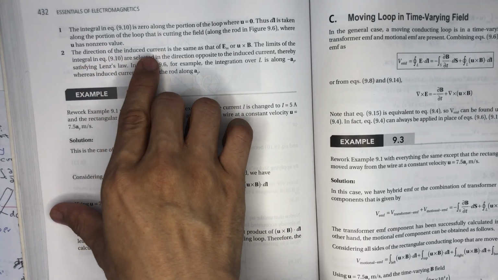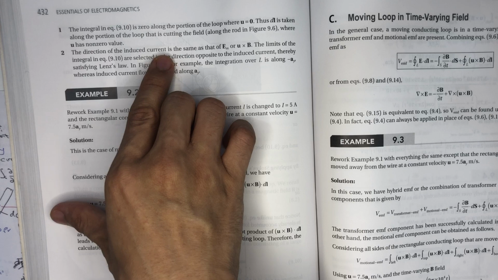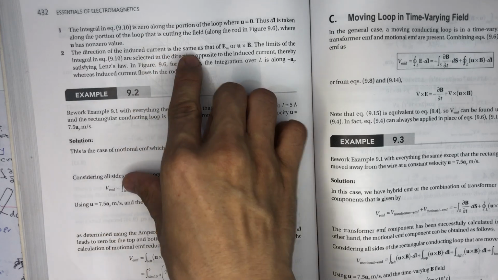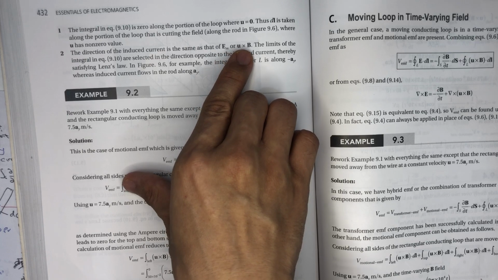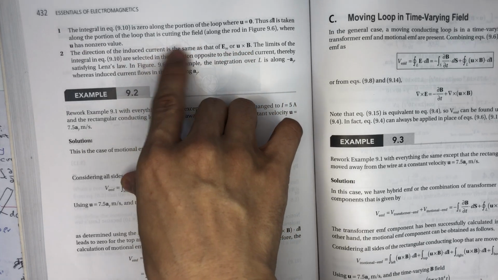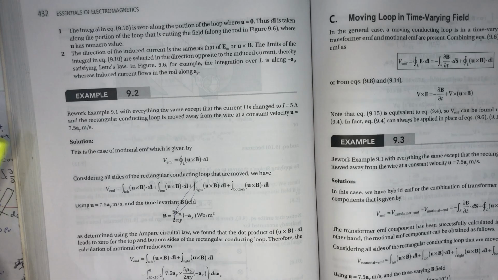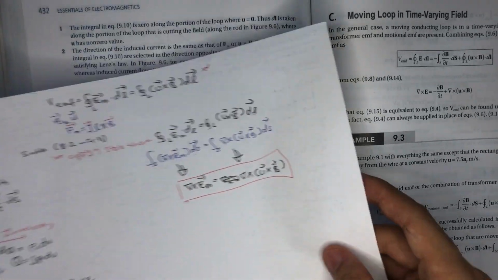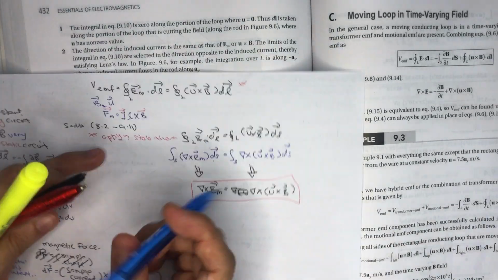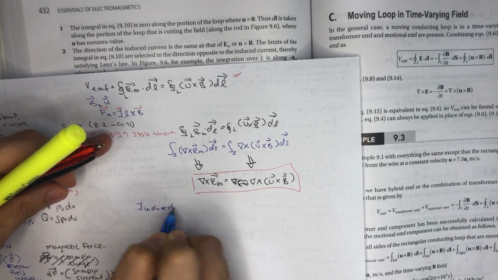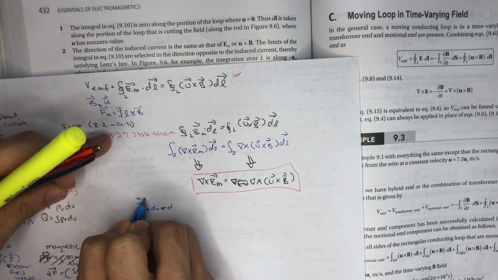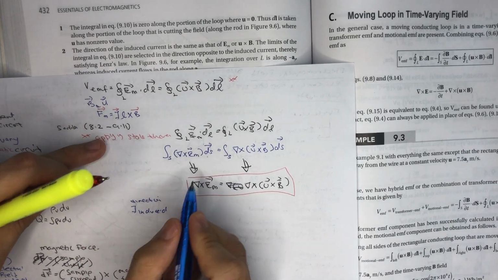The direction of the induced current, not the current, the induced current, is the same as that of EM or U cross B. Let me see here how the direction is actually the same.